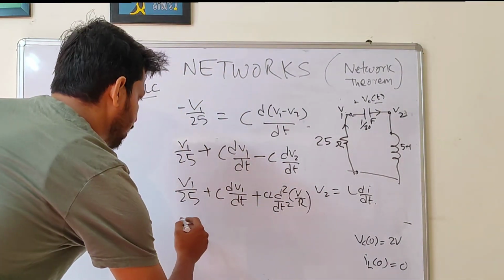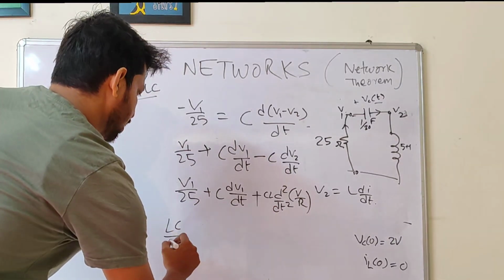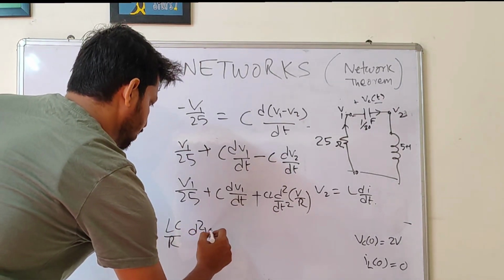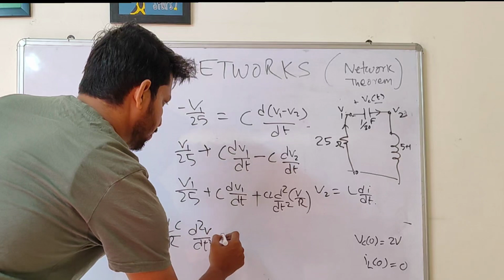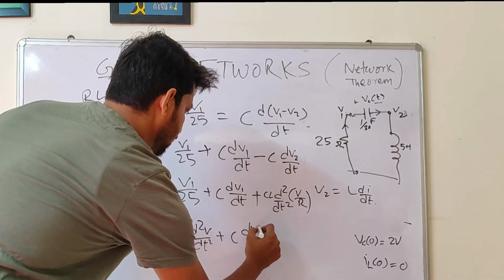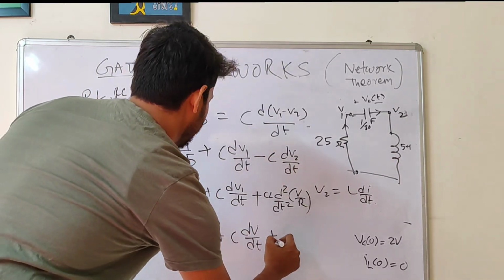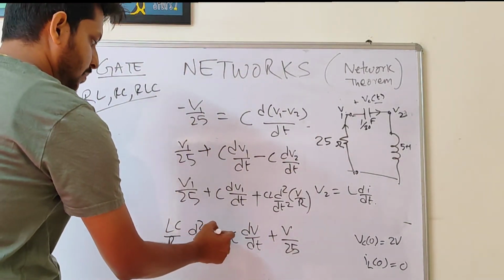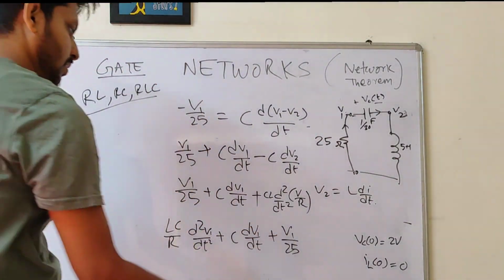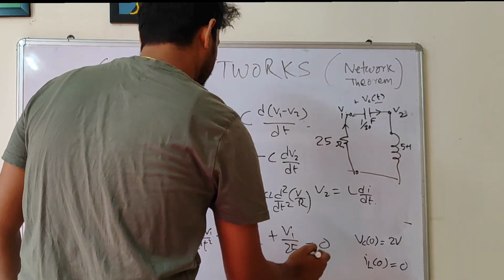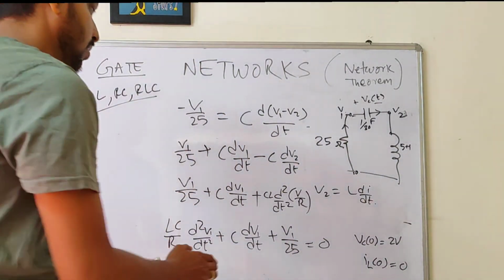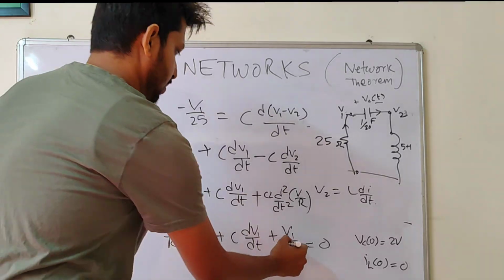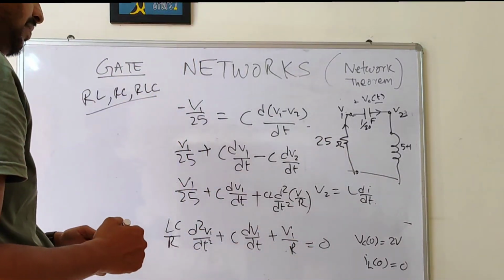So the equation becomes LC by R d2V/dt2 plus C dV/dt plus V by 25 equals 0. Let's keep it in terms of R only. So this is the equation.